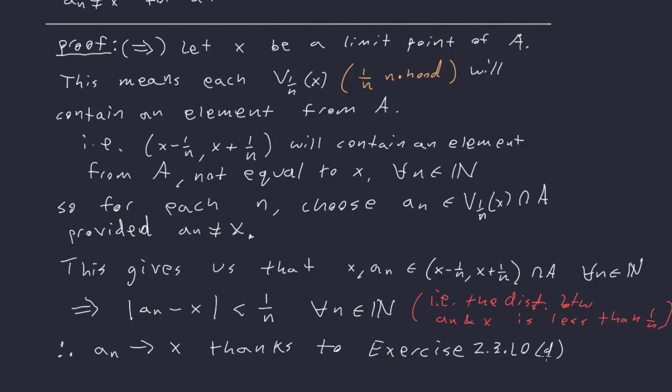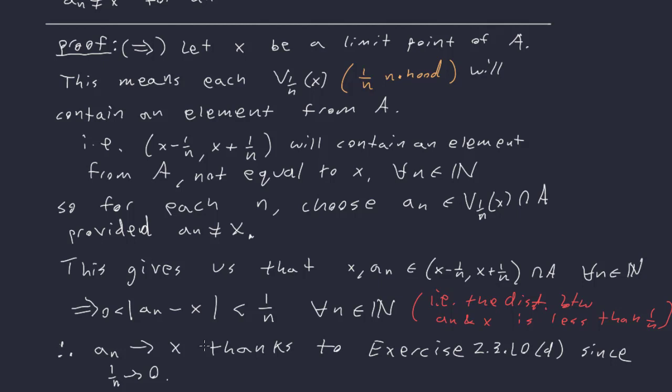It's true since 1 over n converges to 0. Remember, if we can get the distance between the terms of a sequence and the limit less than some other sequence that converges to 0 for all n, then we get that a_n converges to x. So you can almost think of this as a squeeze theorem as well, because this is also trapped between 0 and 1 over n, this goes to 0, therefore these guys converge together.